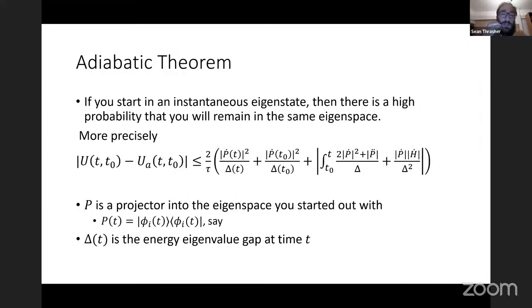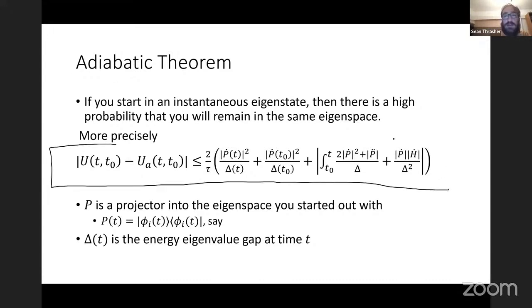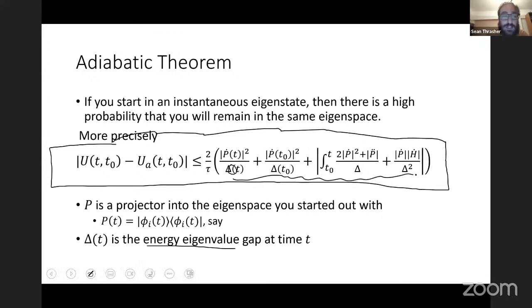So this is a more precise statement. This is what you'll need when you're actually studying adiabatic quantum computers. A more precise way to bound the error is this. It looks rather complicated, but it's saying again that if your energy eigenvalue gap gets very small, then you'll potentially get a really large error.